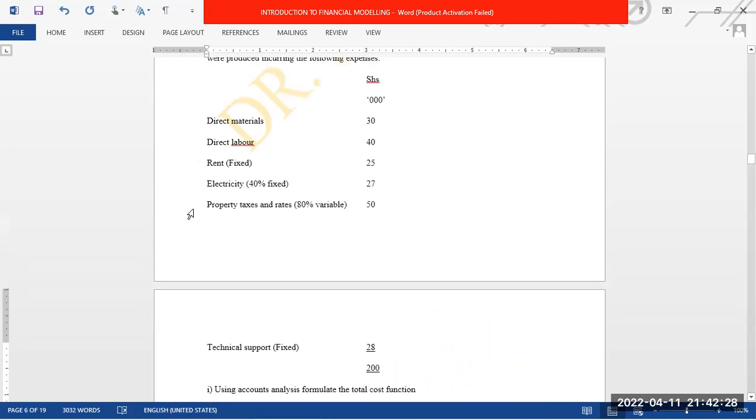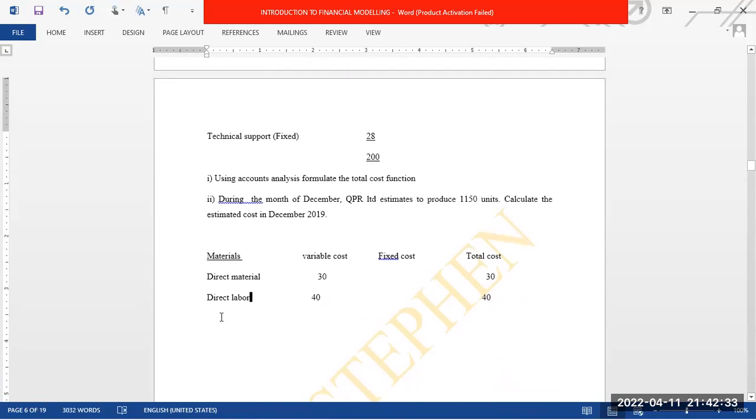So that is it. We have rent and electricity. Rent, just come here and write rent. This is the simplest analysis approach. Write rent, then in brackets fixed, close the bracket.